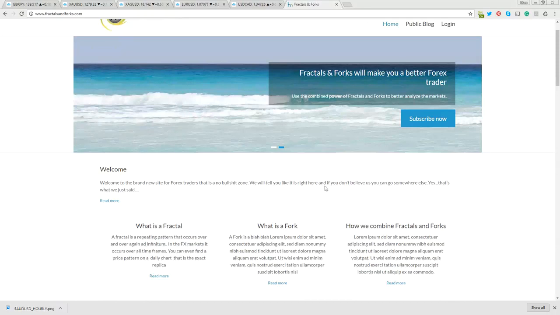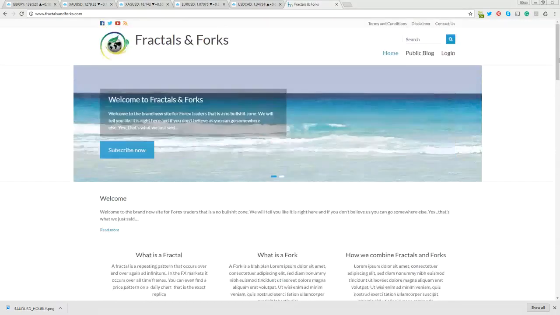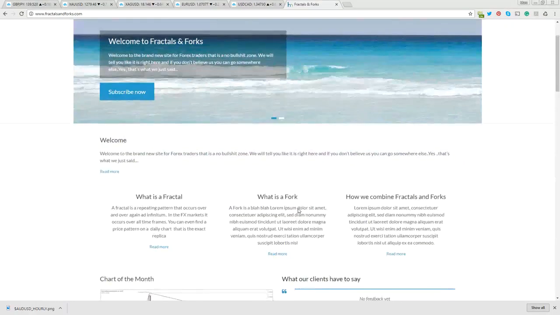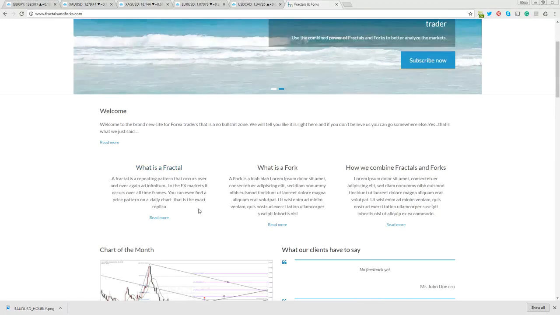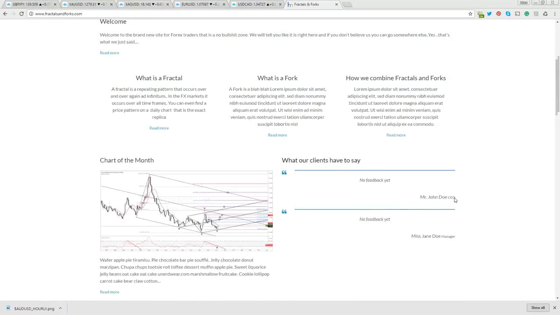We'll see. So this is the first page. Like I said, I'm still working on it. Welcome. What is a fractal? Andy wrote a lot of stuff about what is a fractal. I haven't written anything yet except in Latin. How we combine fractals and forks.